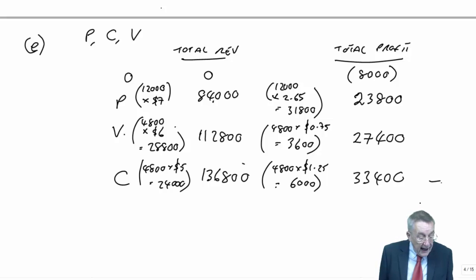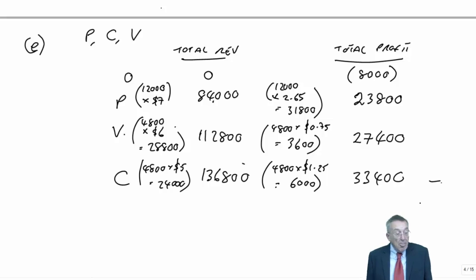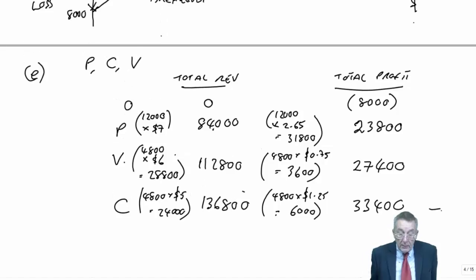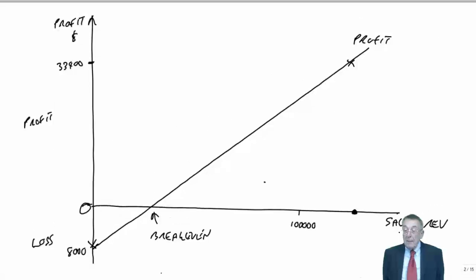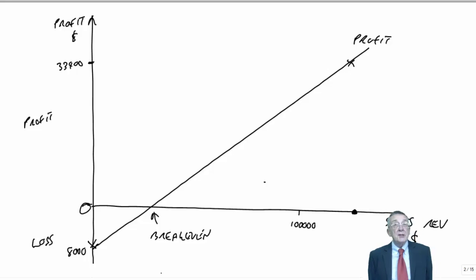Fine. Part F, oh dear, this is going to be fun for me. Add the information that we just got to the PV chart already produced. We did this profit volume chart a few minutes ago in part D, but as I kept on saying, that's how the profit would move with the revenue, provided we always sold in the same ratio.